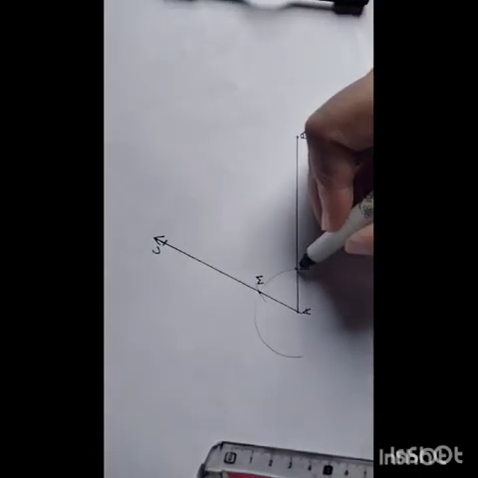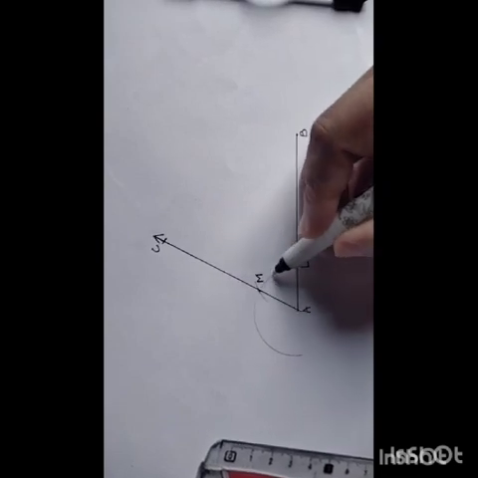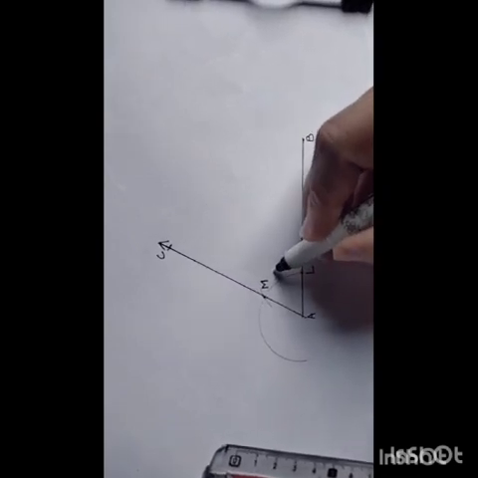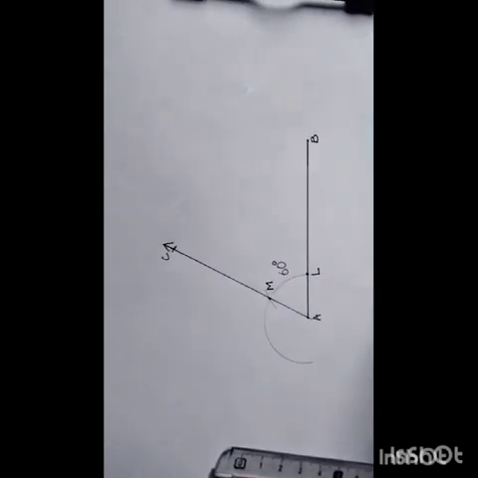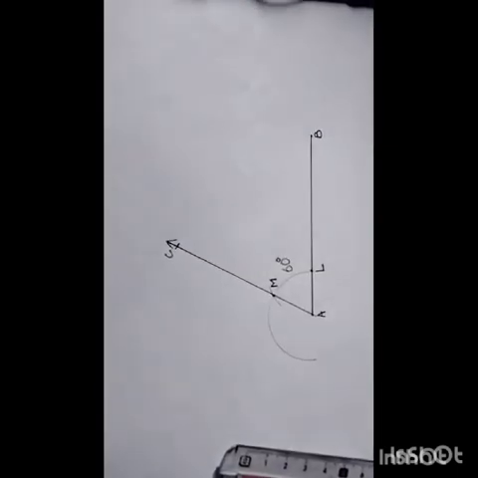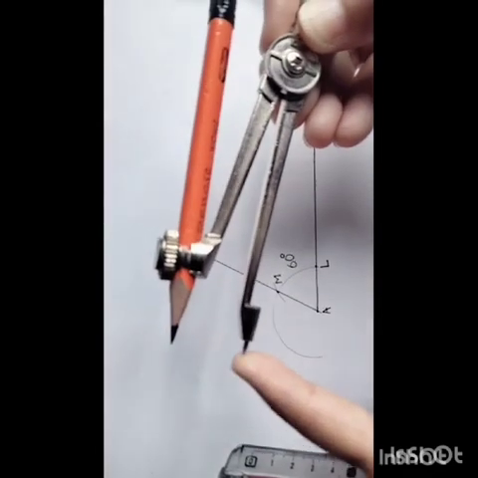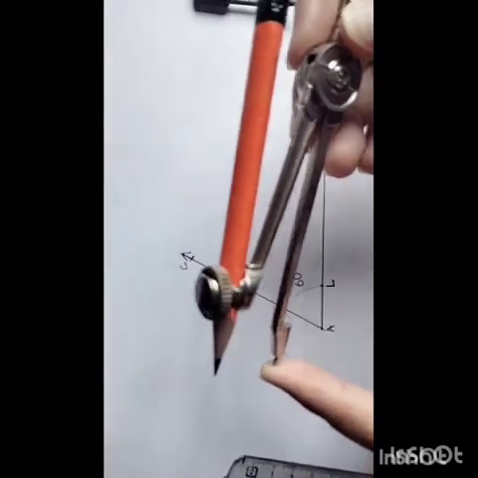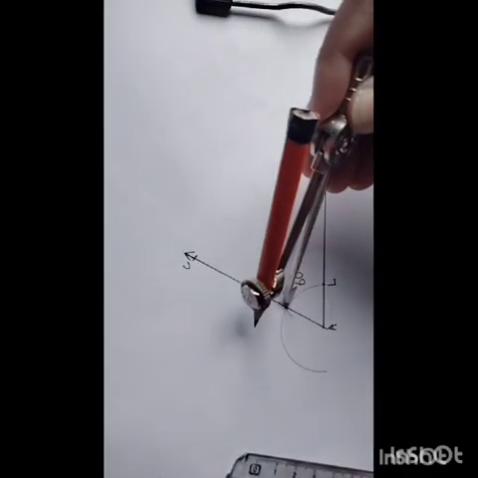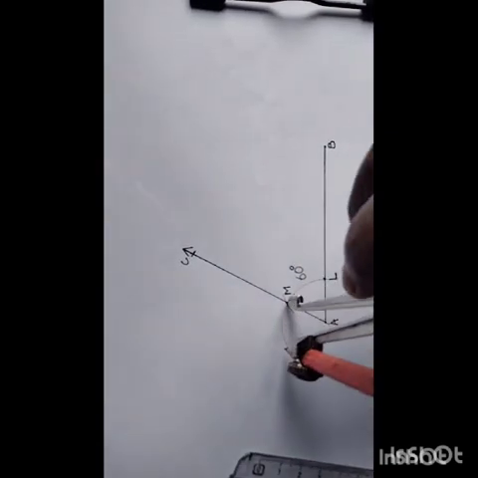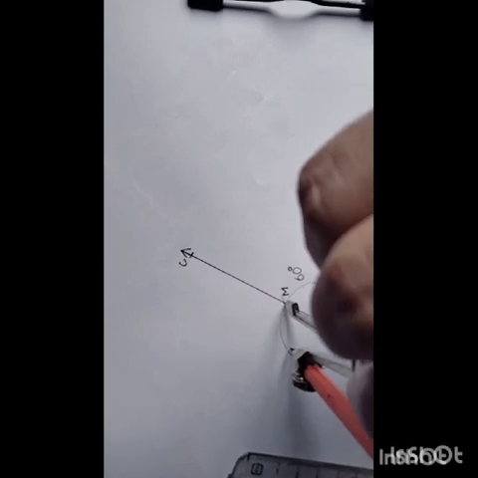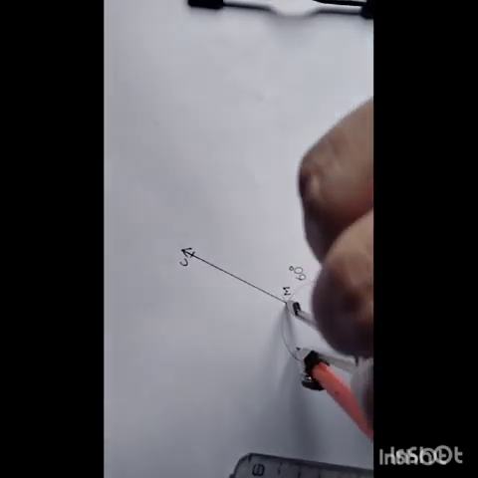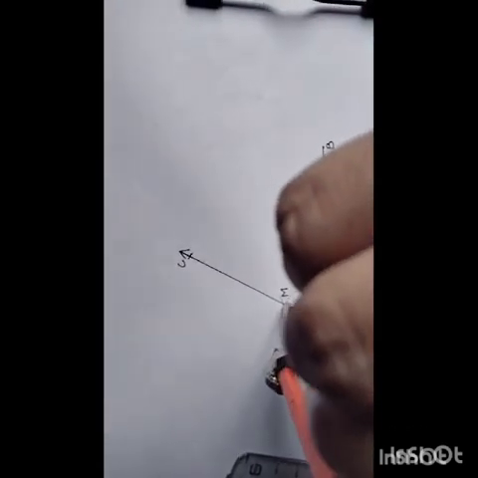The measurement from point L to M is 60 degrees. So this angle is 60 degrees. Now again put the needle of your compass at point M and draw another arc of suitable radius which intersects the semicircle at another point.